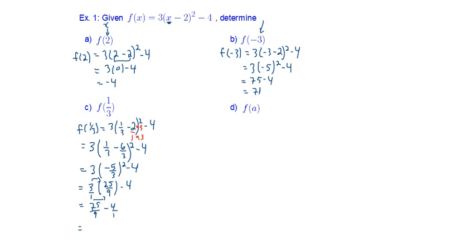That common denominator is going to be 9. So we get 75 over 9 minus 36 over 9. And again, just a reminder, when you subtract fractions, keep the denominator and subtract the numerator. So 75 minus 36 will give us 39 over 9.